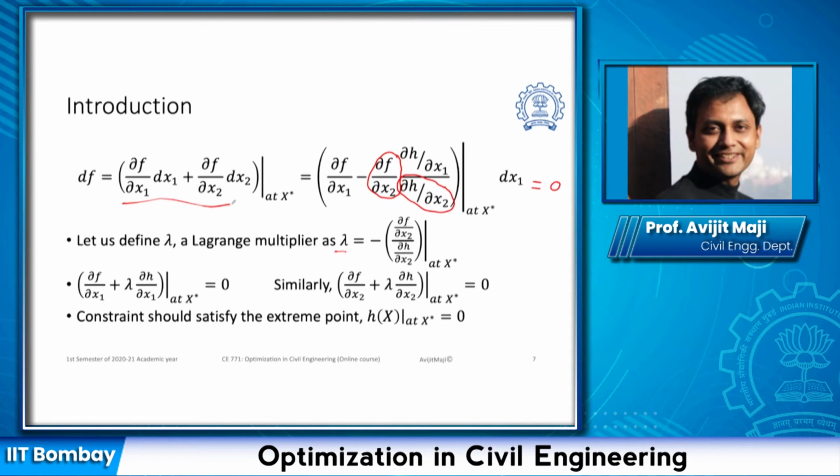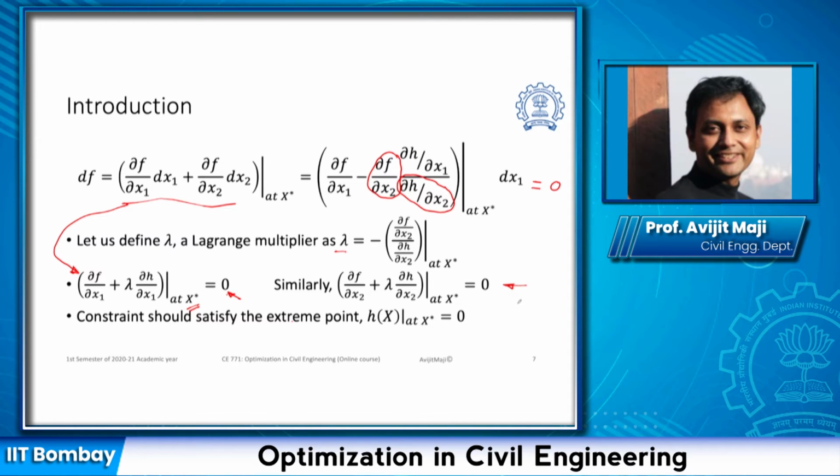We can write this equation in the form of lambda and the other two partial derivatives, and at the optimum point x star, this is going to be equal to 0. Similarly, if we choose to express dx1 in terms of dx2, then we can write the equation this way.